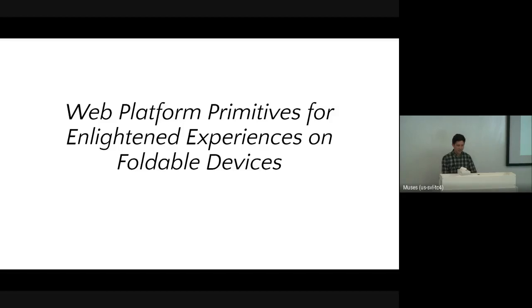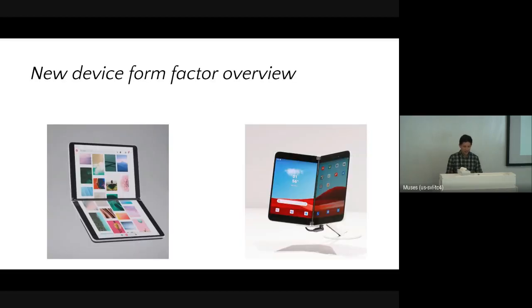So I'm here today to talk about web platform primitives that we think are useful for web developers on a new set of form factors that Microsoft has been looking at launching. About a month ago, we announced support for two new devices, one called the Surface Neo, which is more of a tablet form factor, and one called the Surface Duo, which is more of a phone form factor.